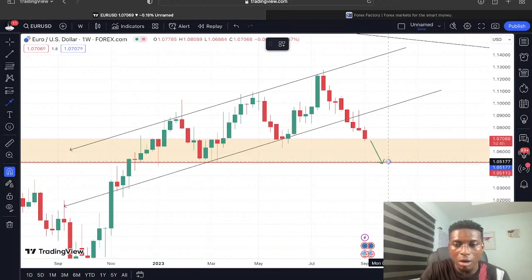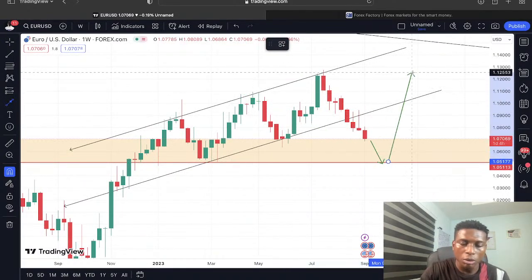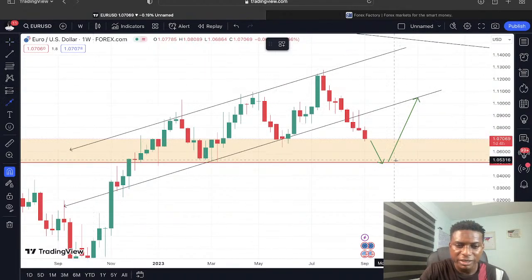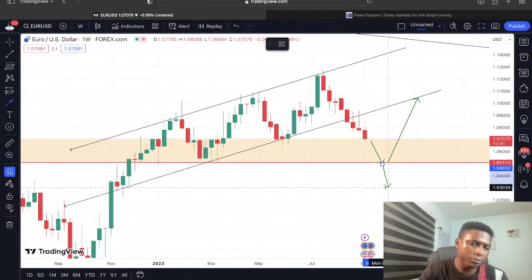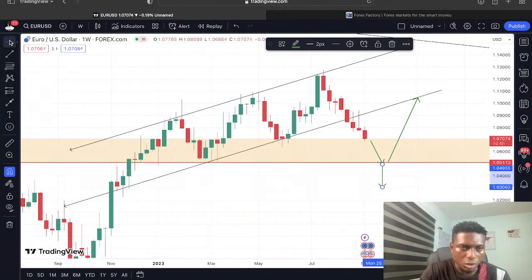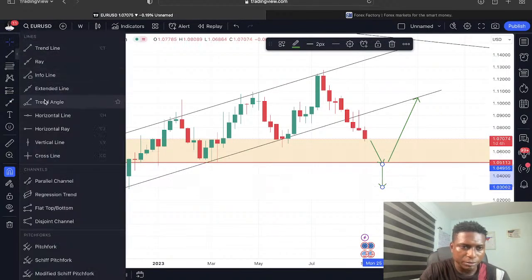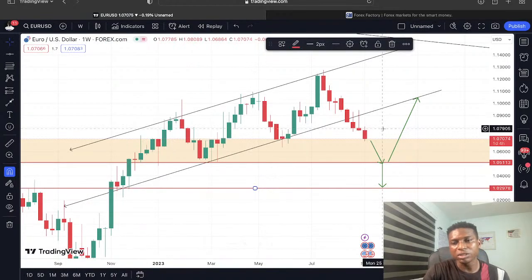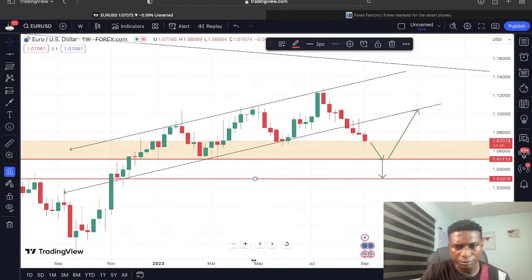It's either price now bounces back, all right, up to this level, or price falls further, okay, to the next support level here, to the next support level here.